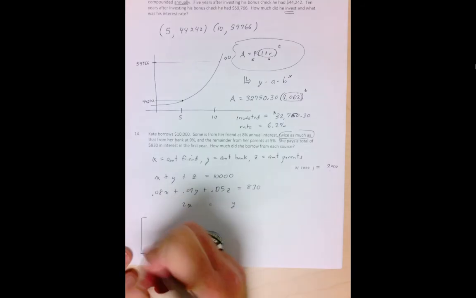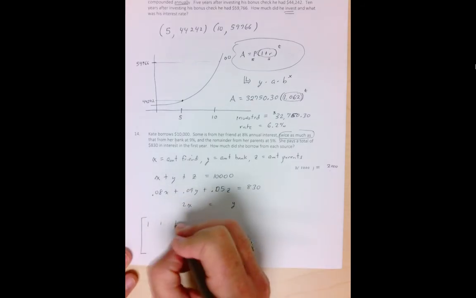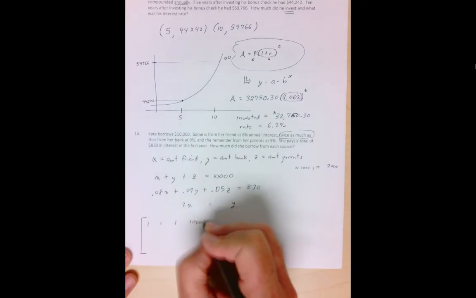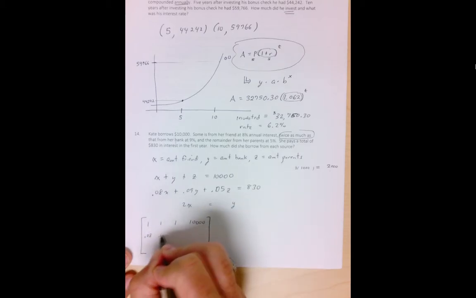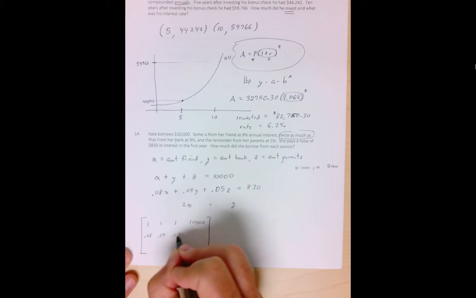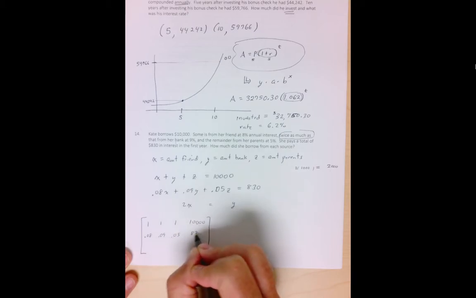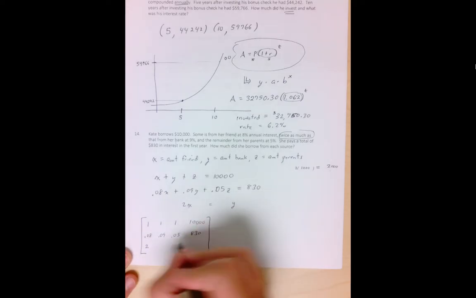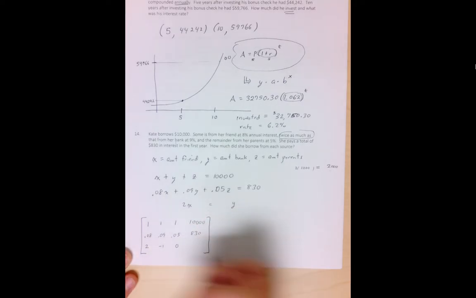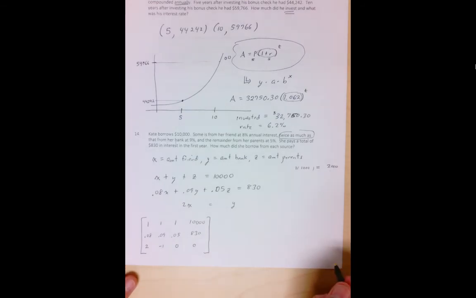All right, gang, going to set up my augmented matrix. For my X, I've got to bring the Y over to make a -1. I have no Z in this problem, and I have no constant in that equation.